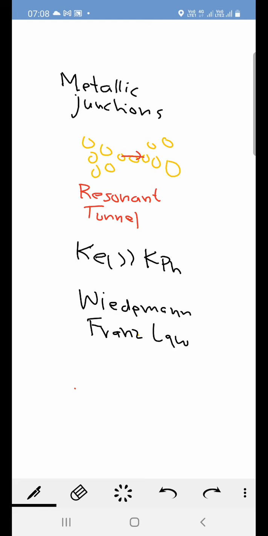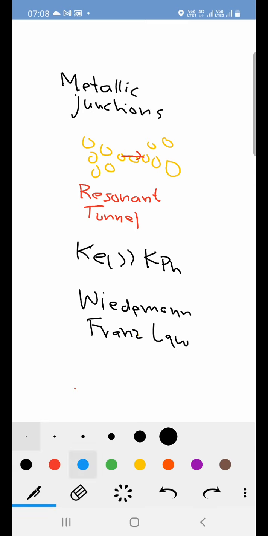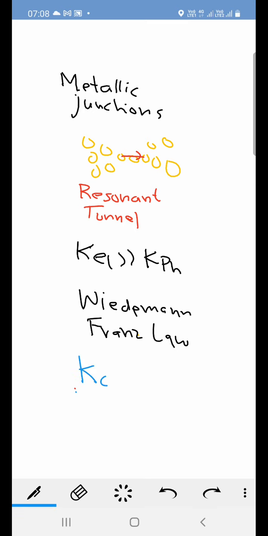Kc is equal to L G into T. So this thermal conductance, this is a constant.